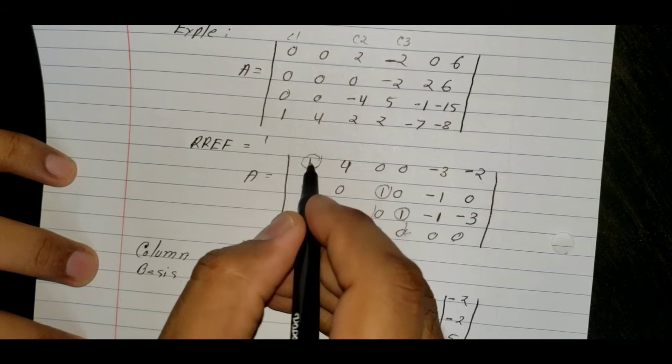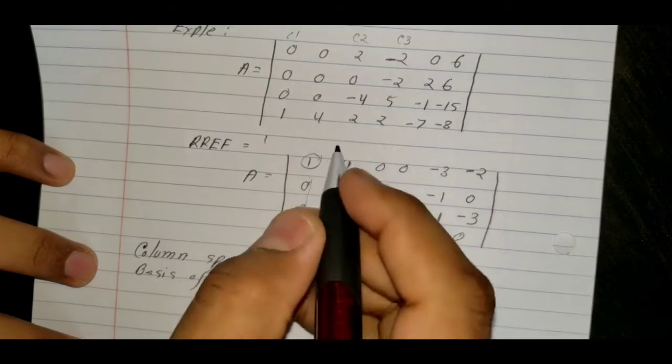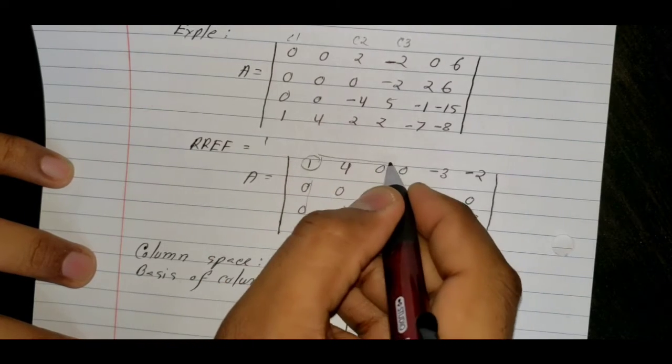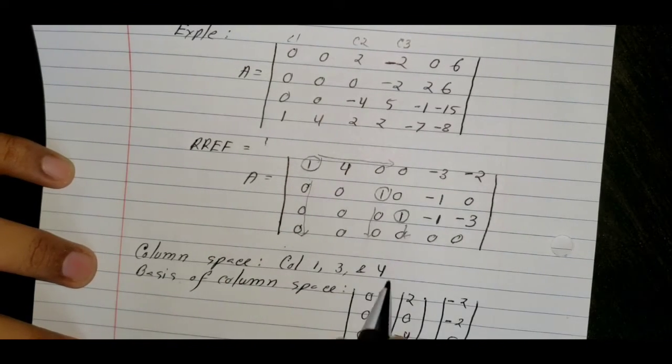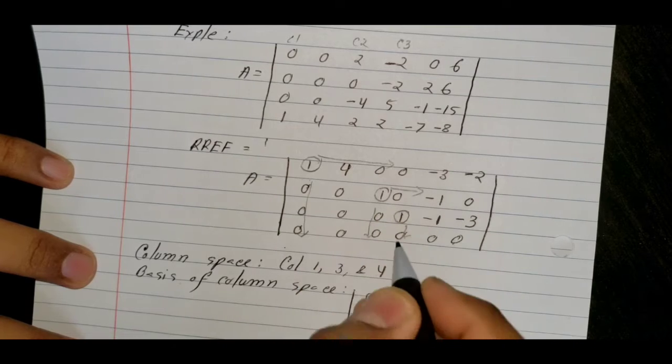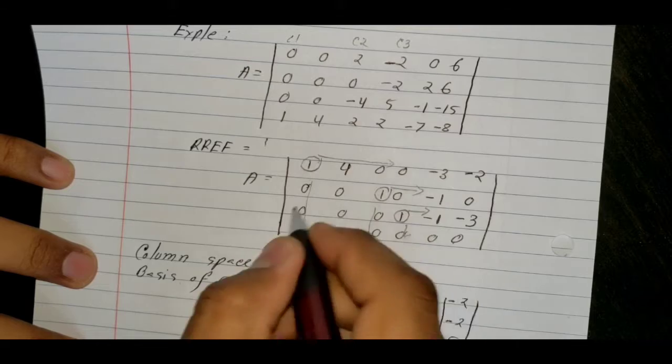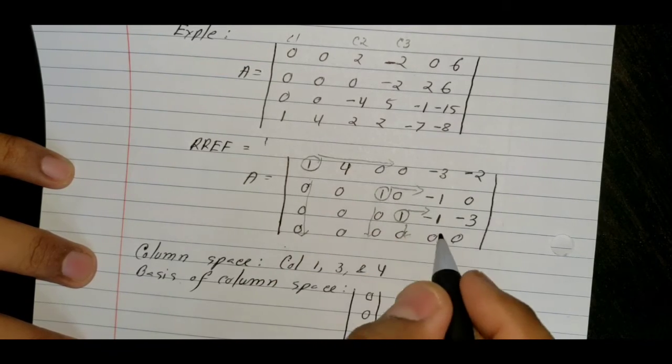For example, this row has a 1 in the beginning, this row has a 1 in the beginning, and that row has a 1 in the beginning, right? And there are no other numbers before it.